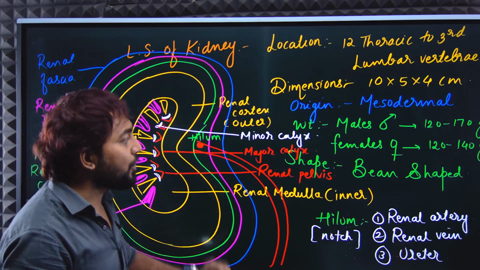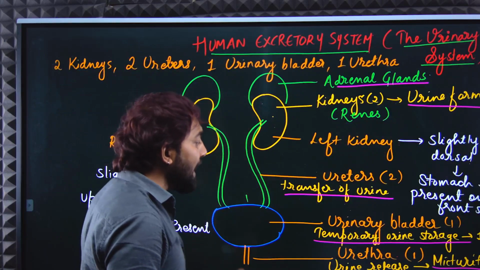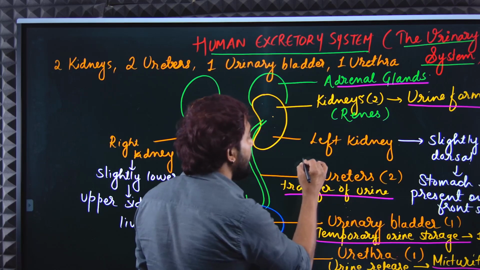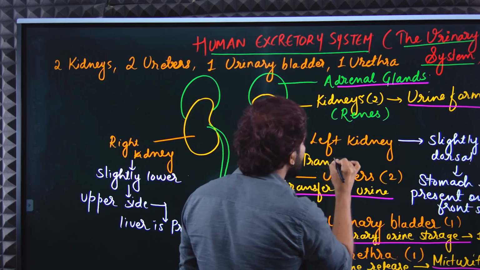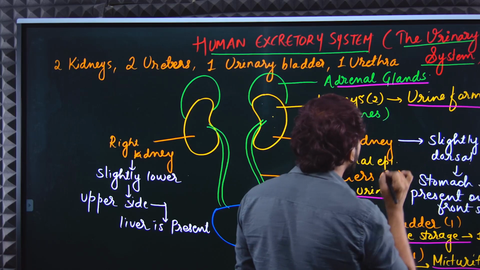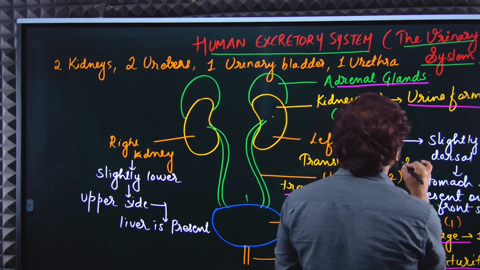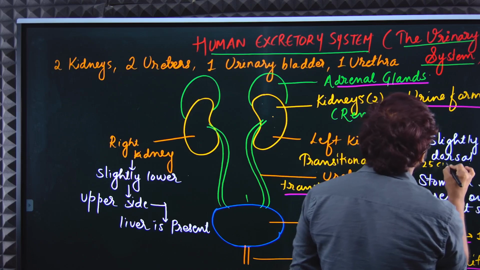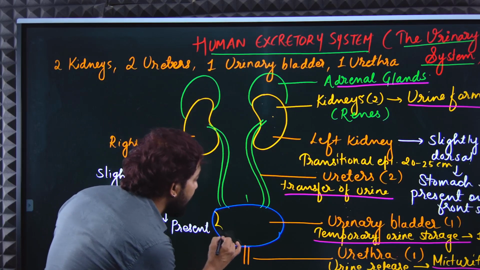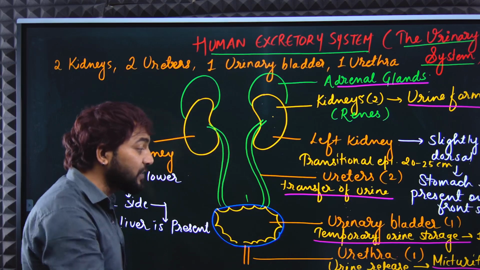This is the longitudinal section of kidney. When it comes to the ureters, ureters have the transitional epithelium, and the length of the ureters can be up to 20 to 25 centimeter. Urinary bladder also has a layer of transitional epithelium.